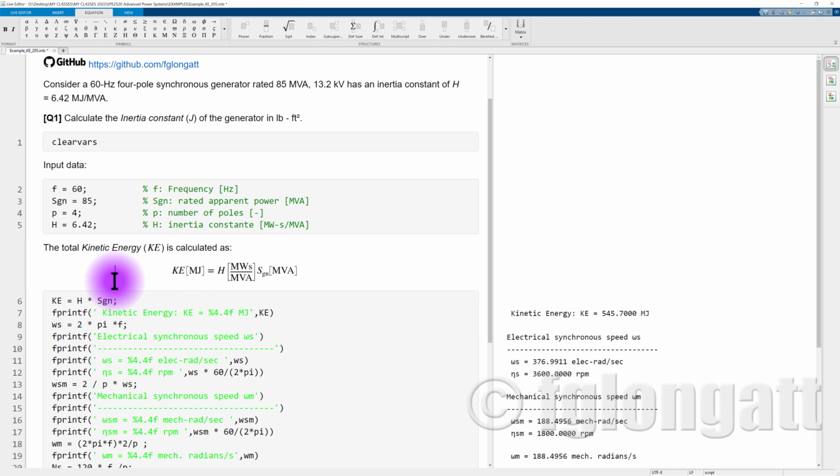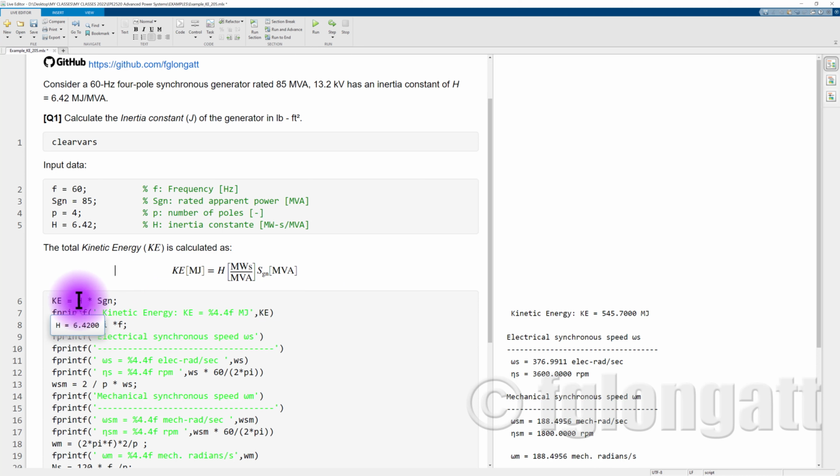From there it is just a numerical substitution inside the equation: 6.42 megawatt seconds per MVA multiplied by 85 MVA. When we put the numbers together, voila, the total kinetic energy stored at the rotor at synchronous speed is 545.7 megajoules or megawatt seconds.